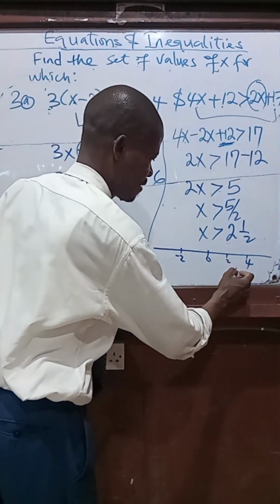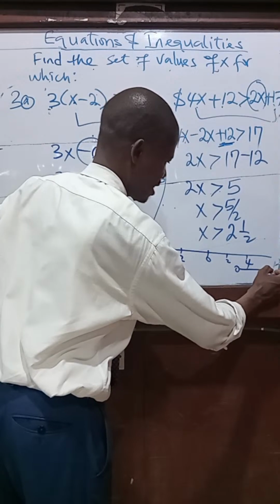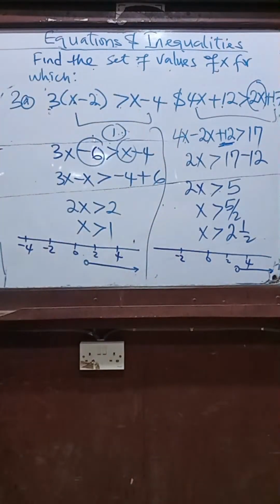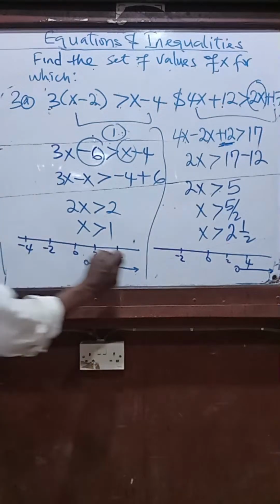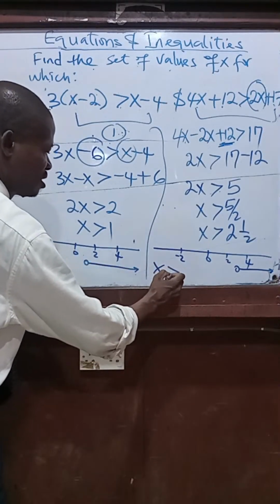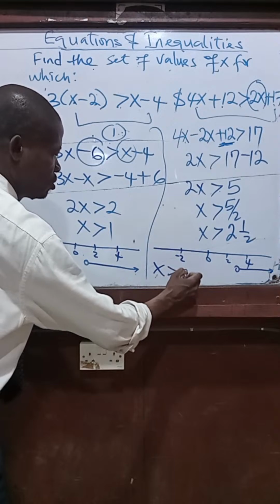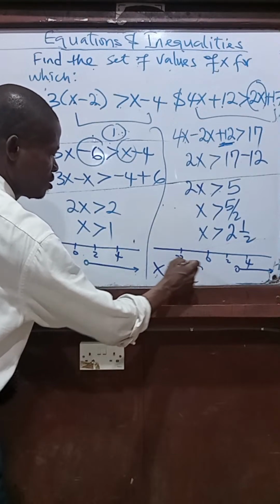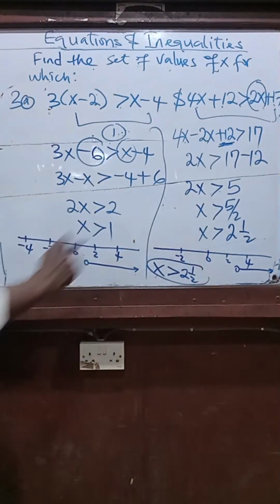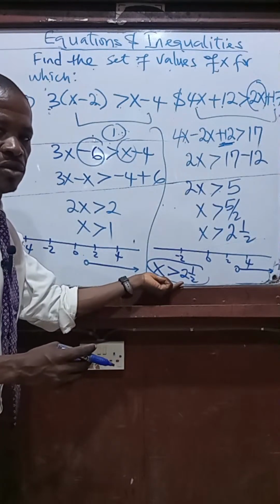This is 2.5. So you can see the two of them are in the same direction. Okay. So the final solution will be what? x is greater than 2.5. Once they're in the same direction, you pick the highest value.